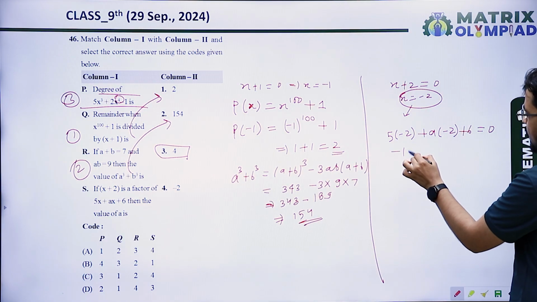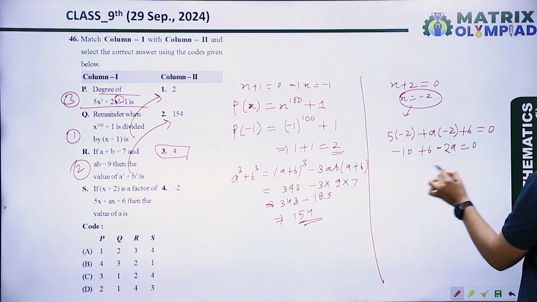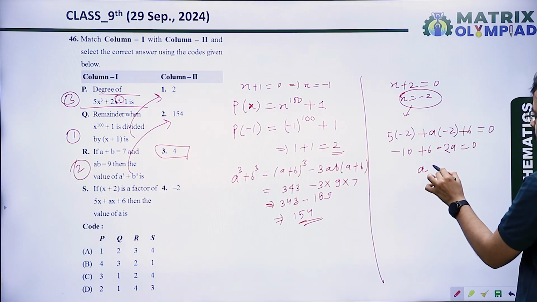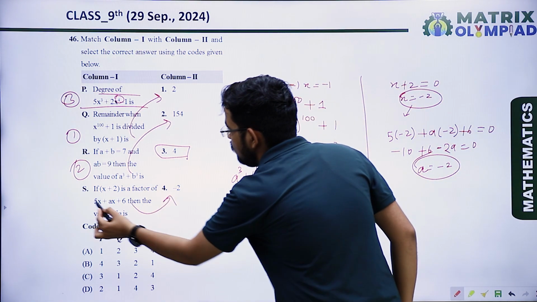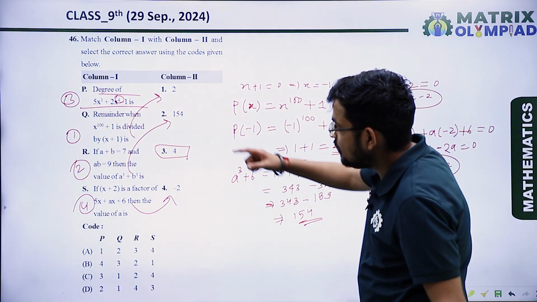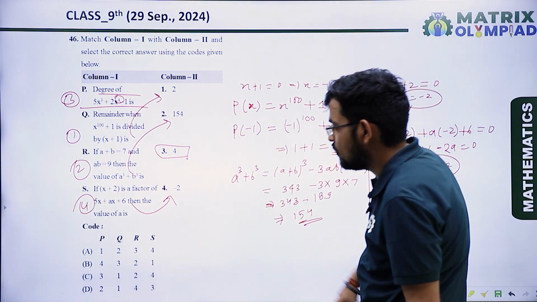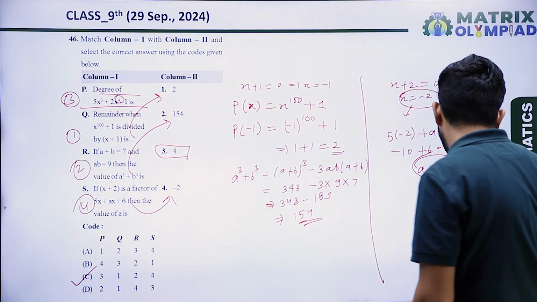So minus 10 plus 6 minus 2a equal to 0. So the value of a equals minus 2. So first is option 4. So the correct answer is 3124. Option C is the correct answer.